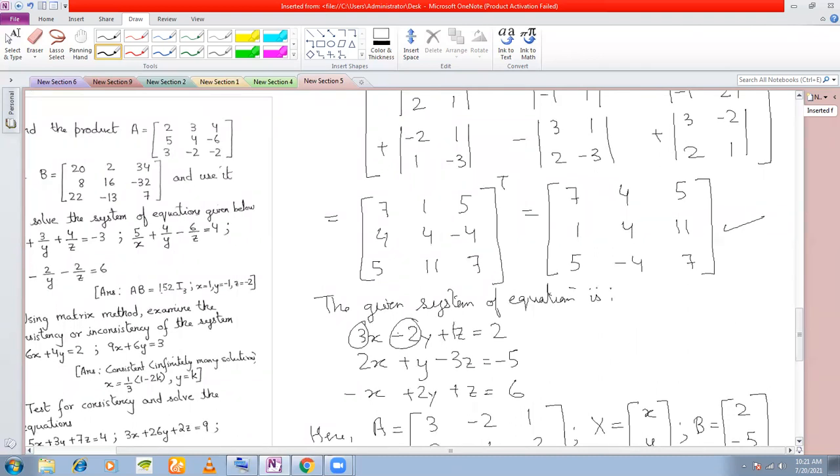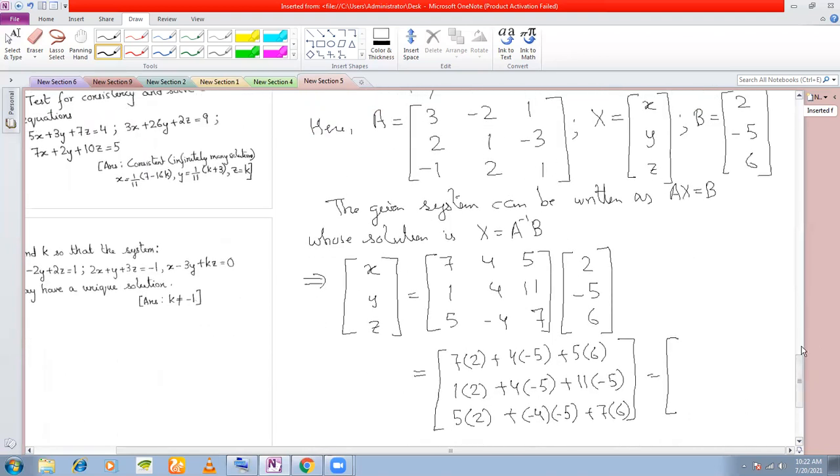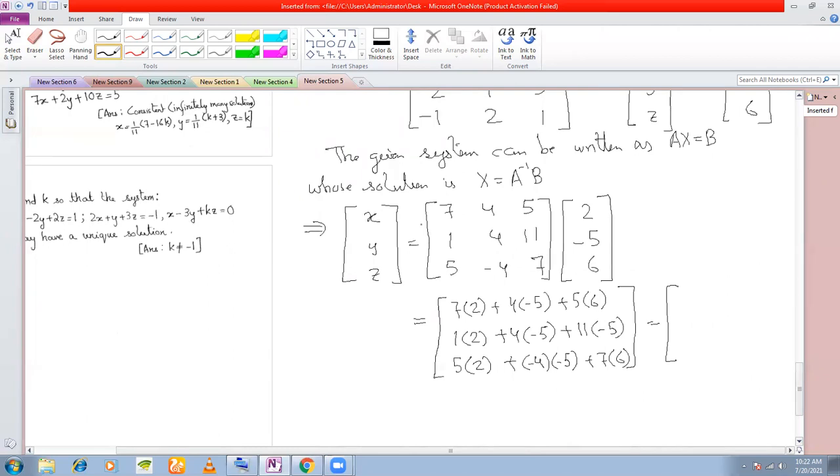A inverse was equal to 1 by the determinant value of A into the adjoint of A, determinant value was 24, and the adjoint we found above to be 7, 4, 5, 1, 4, 11, 5, minus 4, 7. This was the inverse. So the inverse here was 1 by 24 times all this. So here we also have 1 by 24.